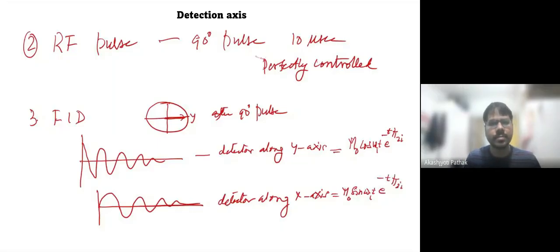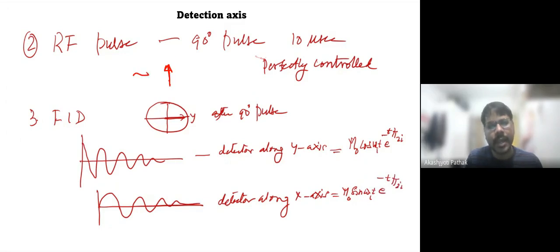Now, what is the detection axis? Whether you are detecting the FID, free induction decay, on the x-axis or on the y-axis is also important, right? In the steady state, your bulk magnetization is oriented along the longitudinal axis, which means the z-axis.